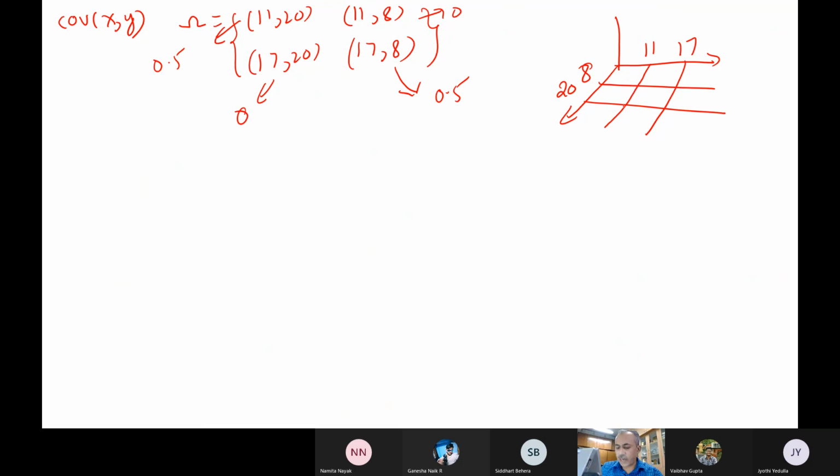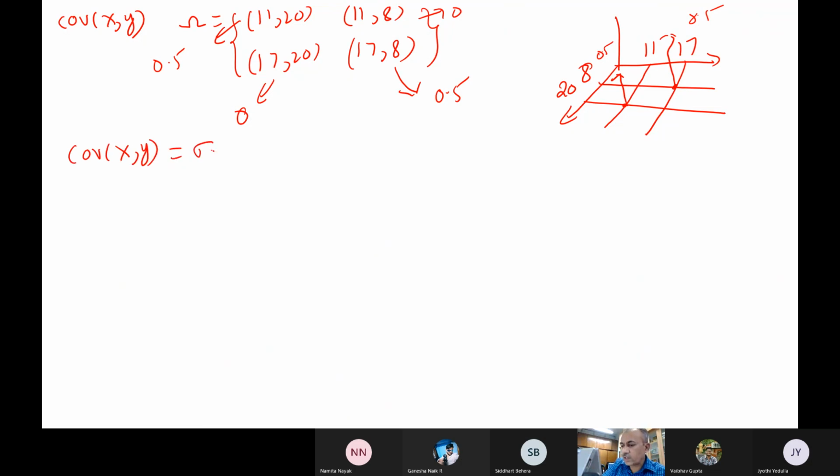So the combinations 11 and 20 is 0.5, then 17 and 8 is 0.5. All others are 0. So this is my joint density function for this problem. And now you calculate the covariance.